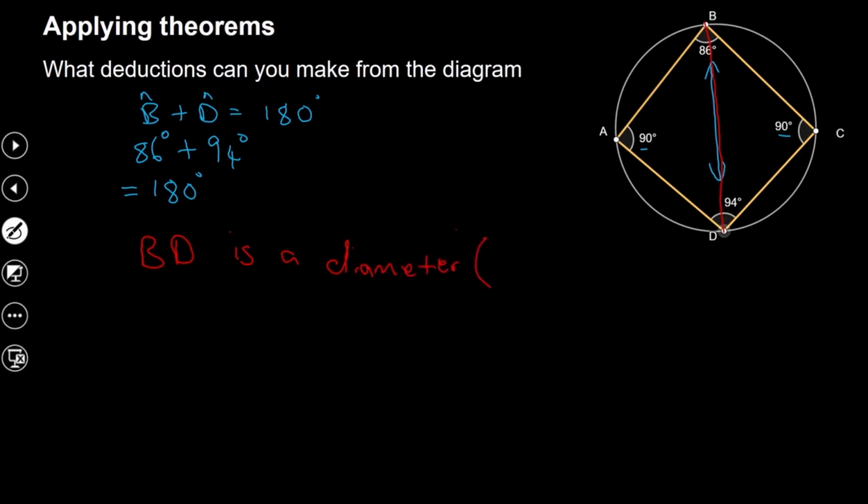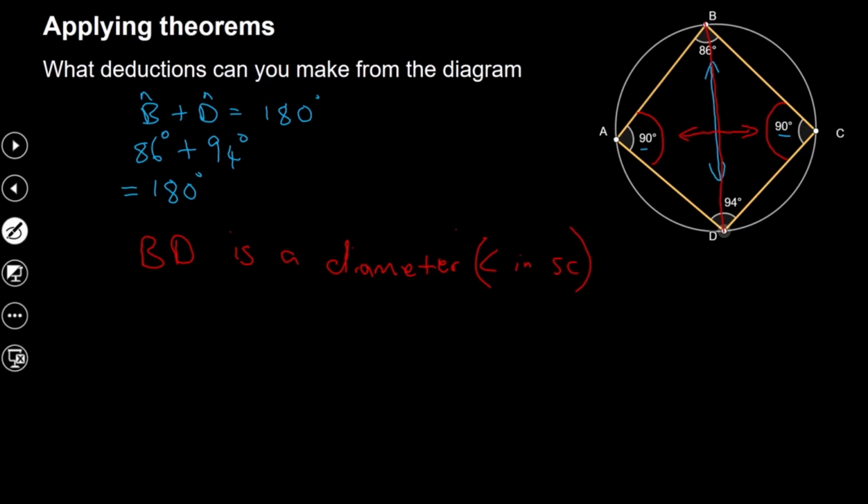And the reason why this is a diameter is because of angle in a semicircle, I will say angle in SC. Why? Because you can see that this angle here is 90 degrees and that angle is 90 degrees. And normally you know that a diameter subtends a 90 degrees angle.